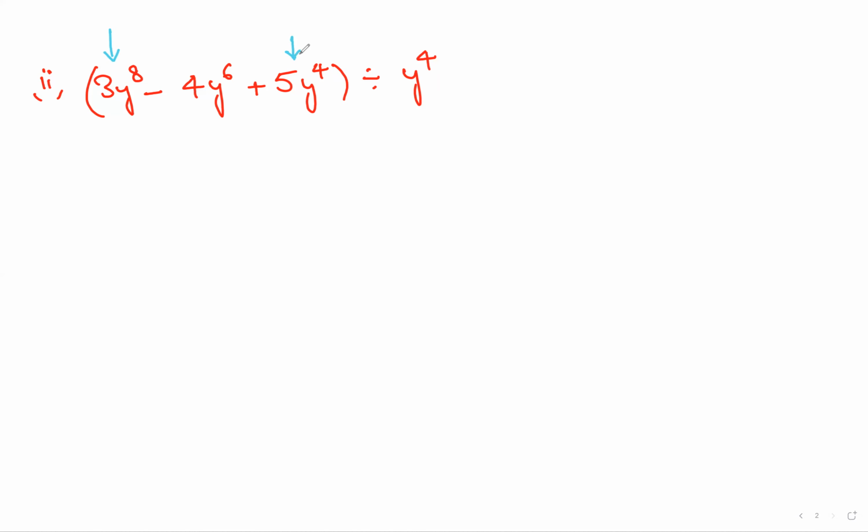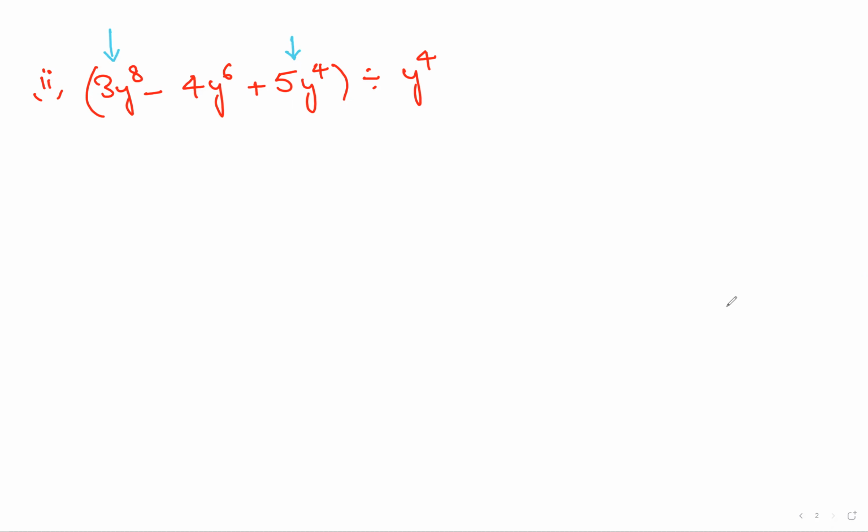So therefore that means what? We cannot use identities to solve. Is it right? Now, since the first term and last term are not perfect squares, what do we have to do?